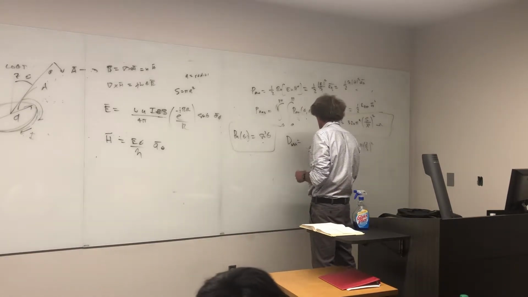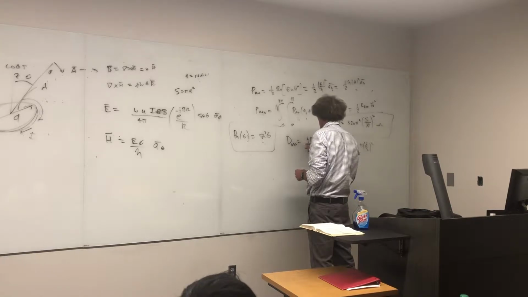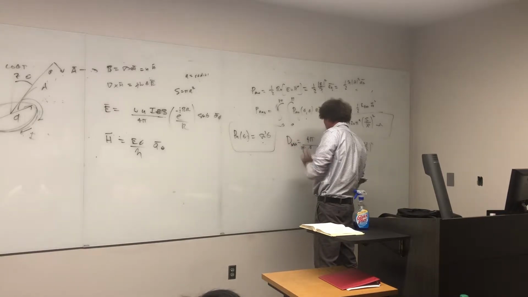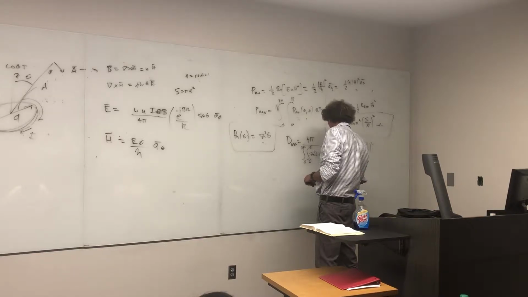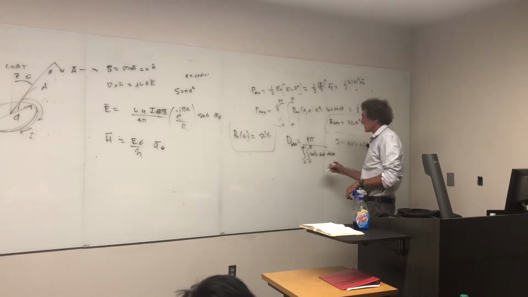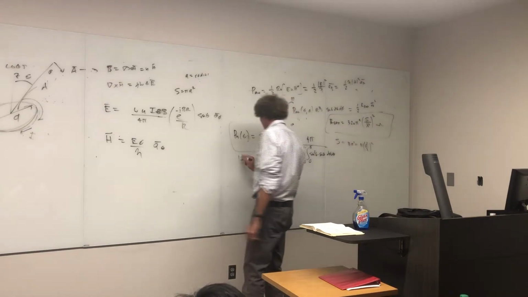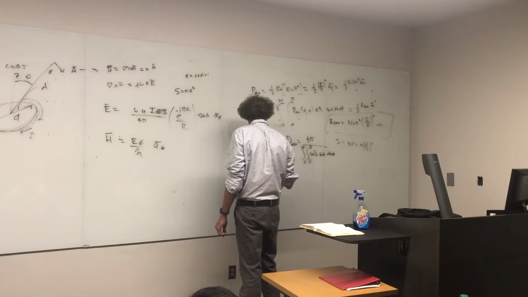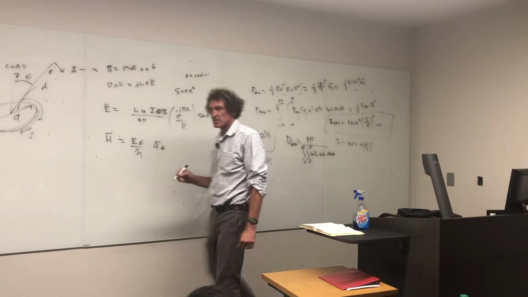Almost guaranteed this thing is going to be 3/2, and it is, because when we do 4 pi over the double integral from 0 to 2 pi, from 0 to pi of the normalized power density, sine squared of theta times sine of theta, d theta, d phi. For this whole thing, you're going to get a D max here of 1.5, and that's in the book. 1.5 or 3/2. You can prove that to yourself, but you'll get that.